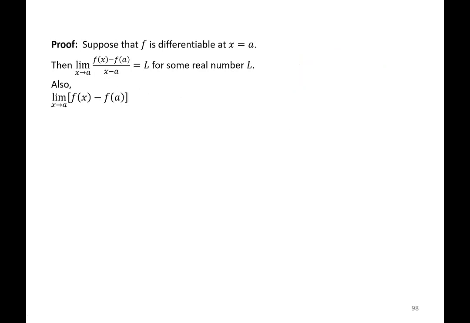So continuing on with the proof, what we're going to do is find this limit as x approaches a of f of x minus f of a. And stepping back just a moment, if our goal is to show that the function is continuous, our goal should be to show that the limit as x approaches a of f of x is equal to f of a.